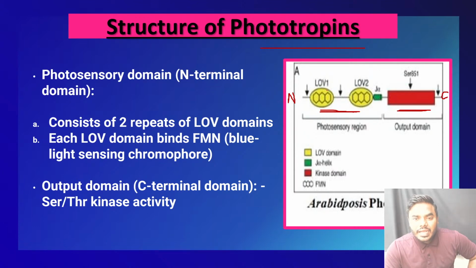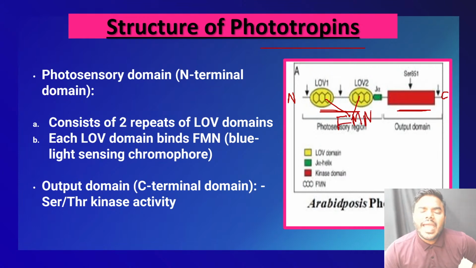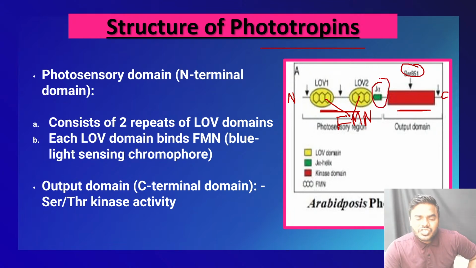The photosensory region contains two domains, correct? LOV1 and LOV2. Each LOV domain contains what? FMN. What is the function of FMN? Acting as a chromophore. And the red colored one, the output domain, has serine and threonine kinase activity, and is connected with a chain called the J chain or J alpha chain. Kindly don't confuse this.